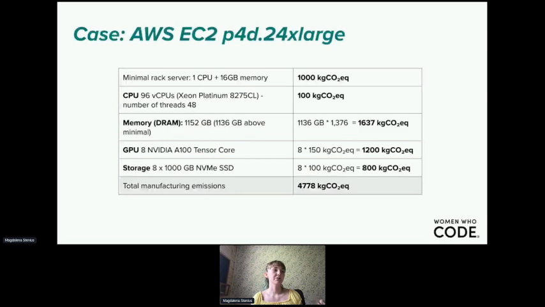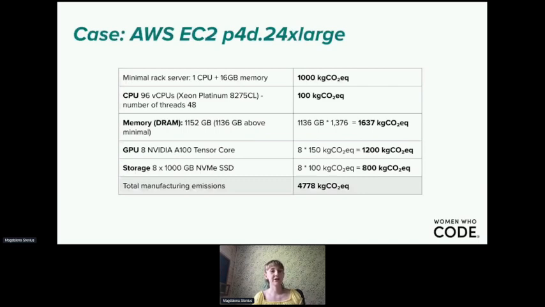In addition to that, we have 8 NVIDIA A100 Tensor Core GPUs, and for each of those, we just add 150 kilograms of CO2 equivalent. And lastly, we also have some extra storage, 8 1000 gigabyte NVMe SSD cards. So let's add 8 of those.